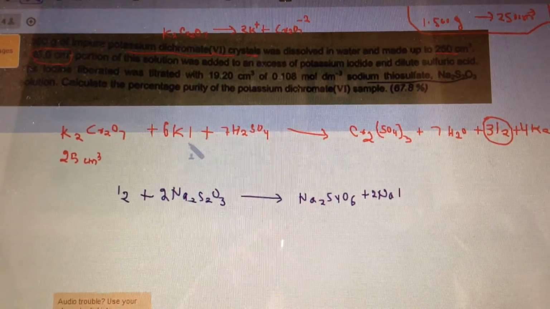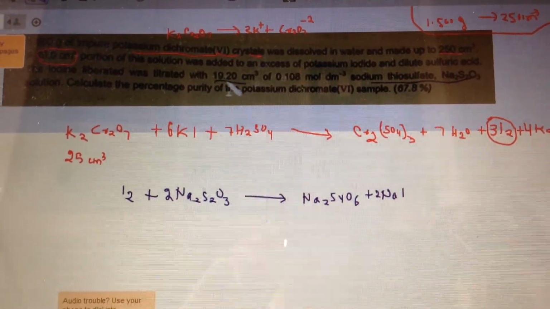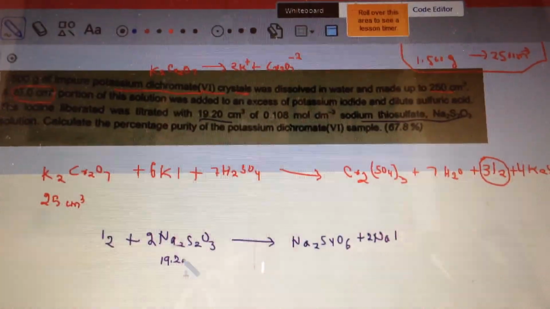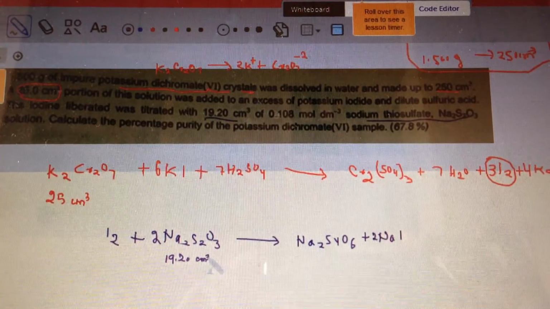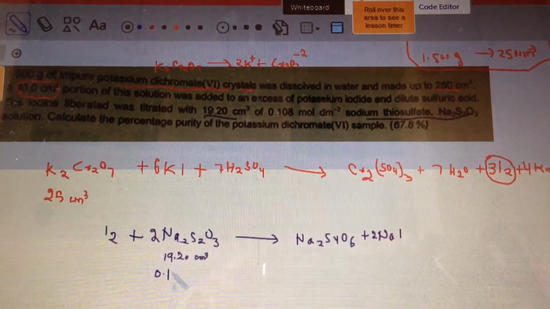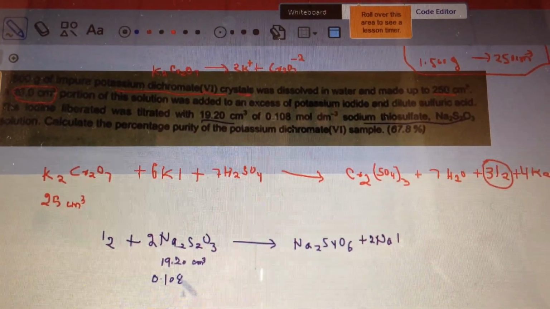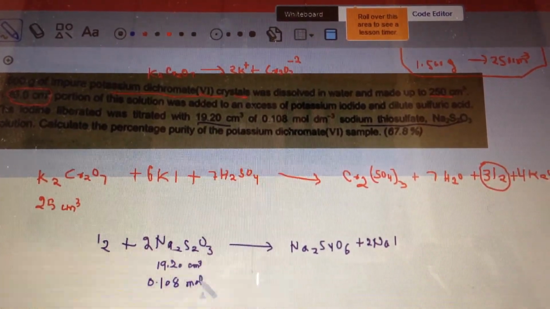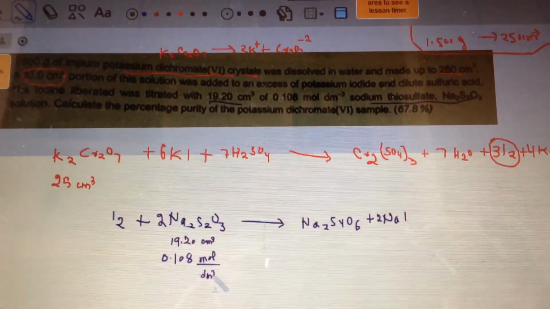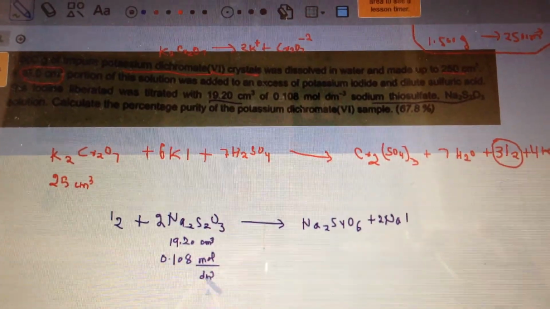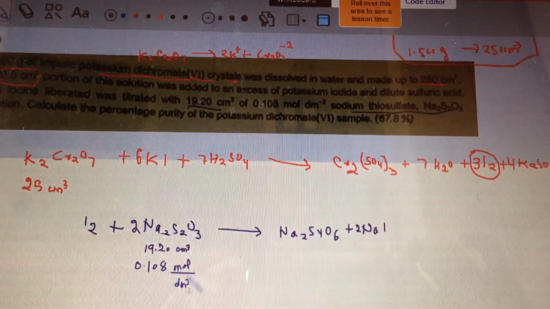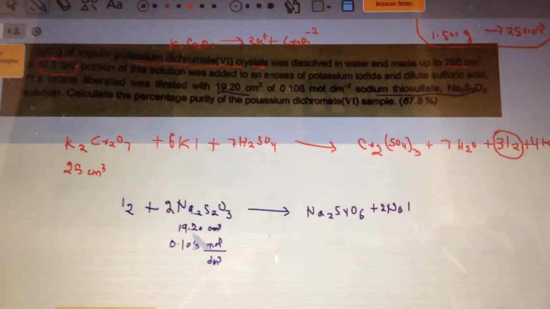And they also said they were titrated with 19.20 centimeter cubed of Na2S2O3, and the molarity of that compound was 0.108 moles per dm cubed. Now one trick here is the concentration, which is 0.108, is given in moles per dm cubed, and the volume is given in centimeter cubed.